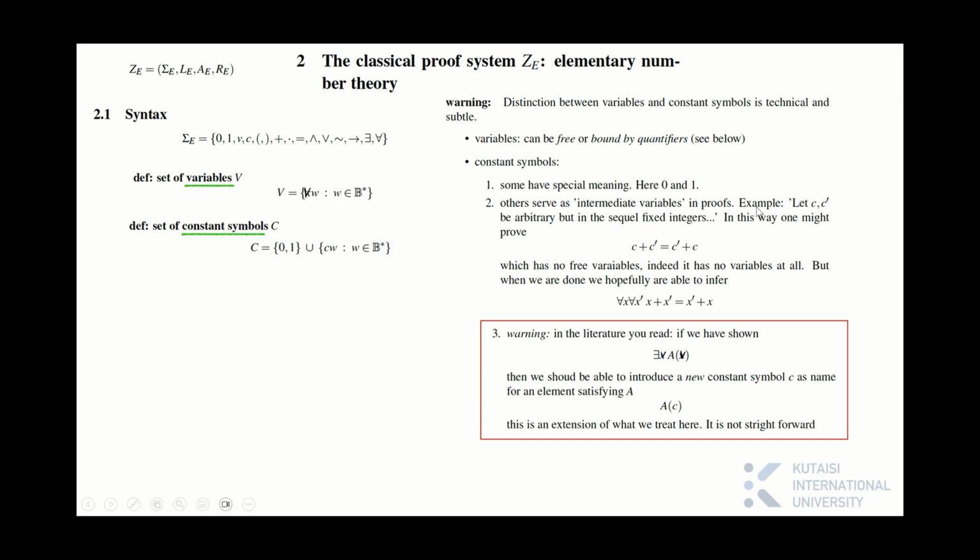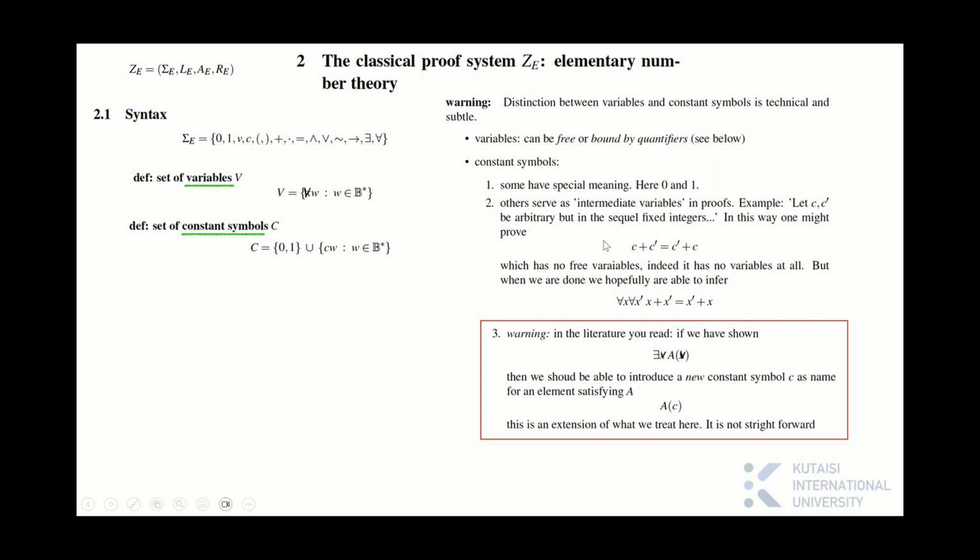A good example to understand what is a constant and what is a variable: if for constants C and C prime you prove that C plus C prime equals C prime plus C, you should be able to infer that for any variable x and variable x prime, x plus x prime equals x prime plus x.